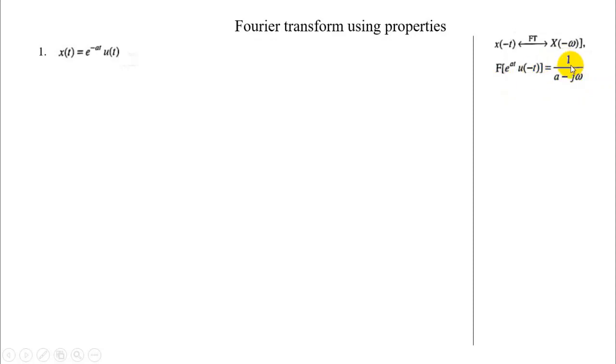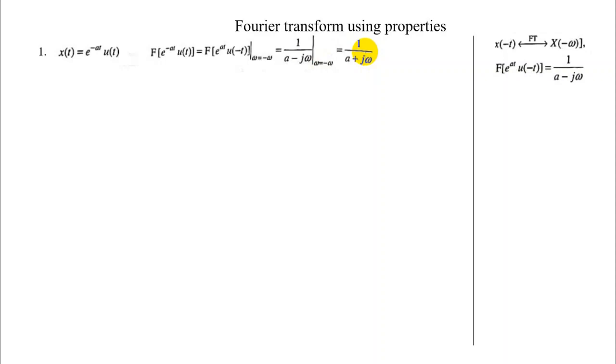So we just need to replace omega by minus omega. This will be the final Fourier transform.